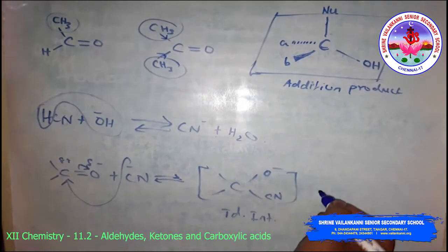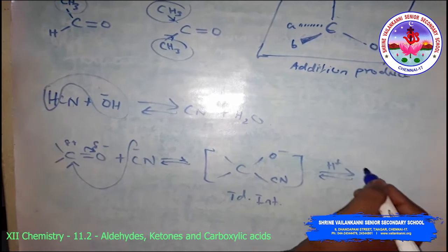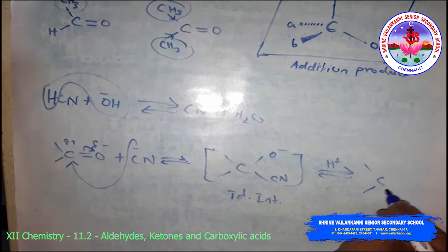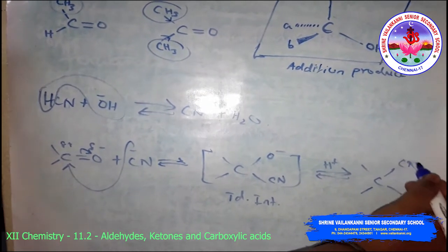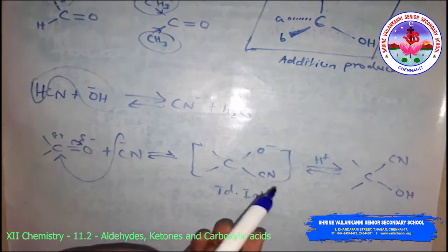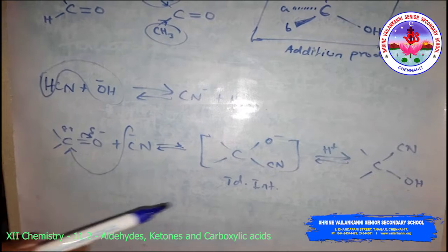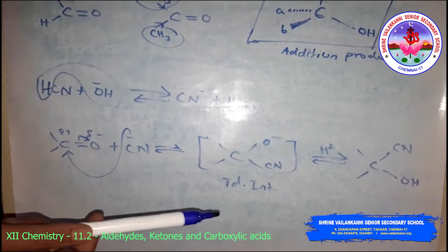Then addition of H plus to form cyanohydrin, OH and CN. This is the addition of hydrogen cyanide reaction. So aldehydes and ketones react with hydrogen cyanide to yield cyanohydrin.